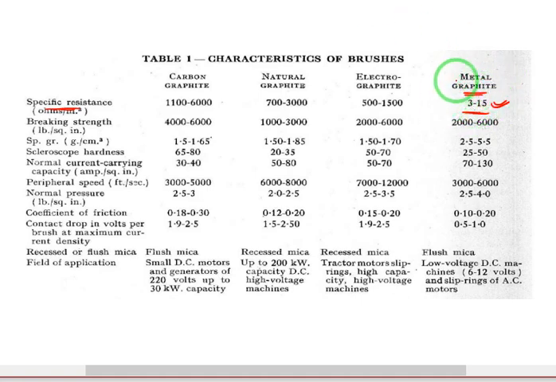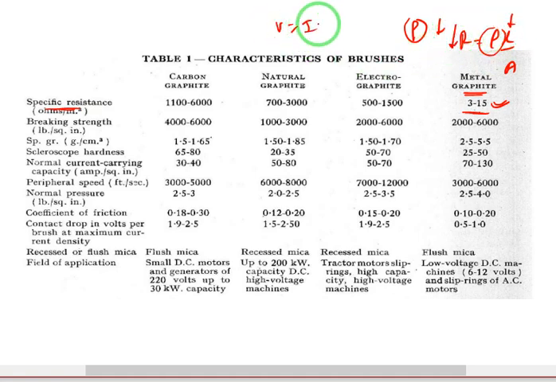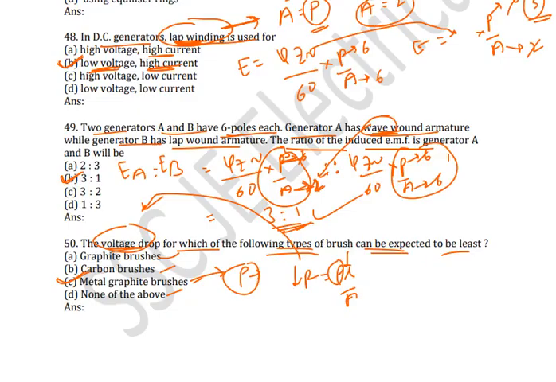As the rho value is less, and R equals rho L by A, the total resistance will be less. Therefore V equals IR, so R also will be less. Therefore the voltage drop will be less when we use metal graphite brushes. So the voltage drop is less for metal graphite brushes.